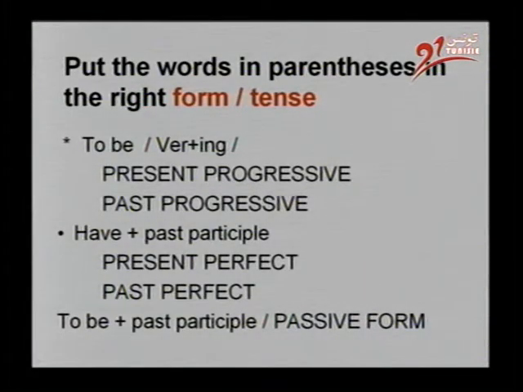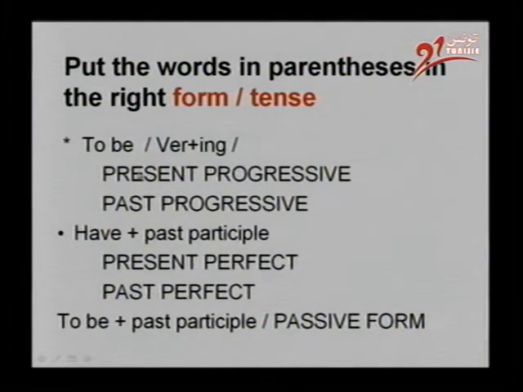So, the first exercise is as follows. Put the words in parentheses in the right form or tense. You are going to try with the auxiliary to be and combine it with the verb plus ing. And when I say ing, I'm speaking about progression. Now, to be plus verb ing, we get the progressive.